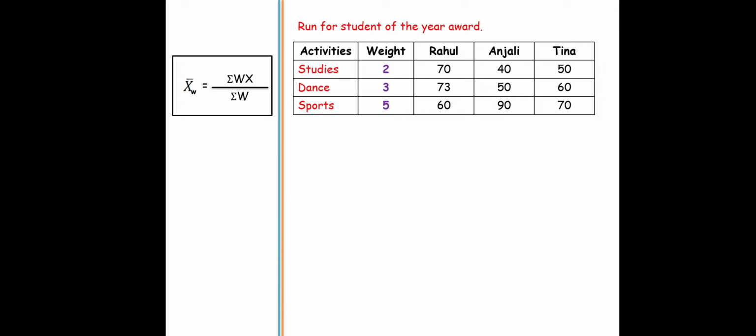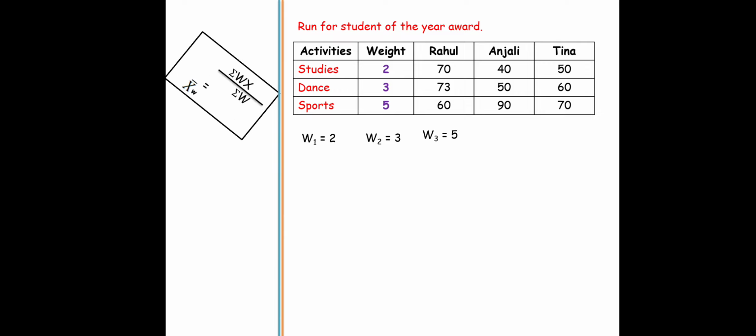Now over here W1 will be the weightage given to studies, that is W1 equals 2, W2 will be 3 and W3 will be 5.